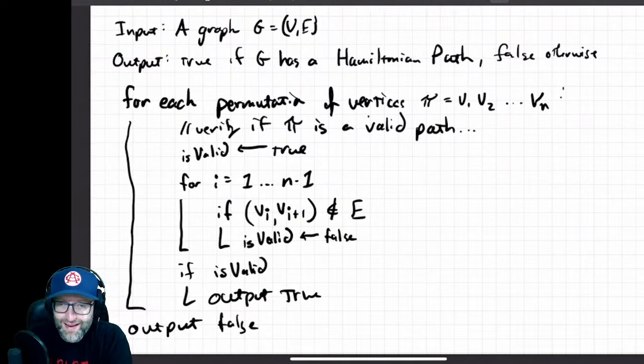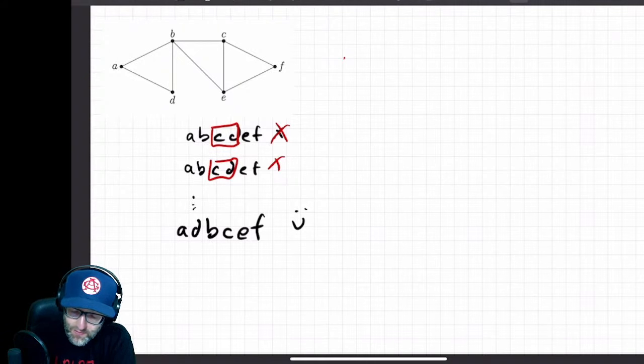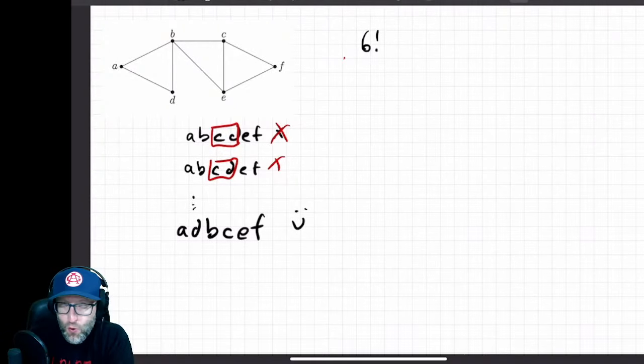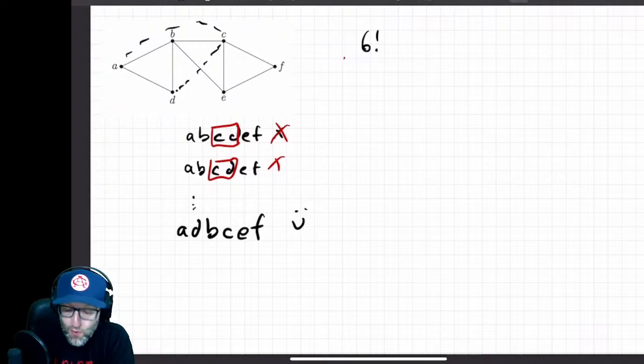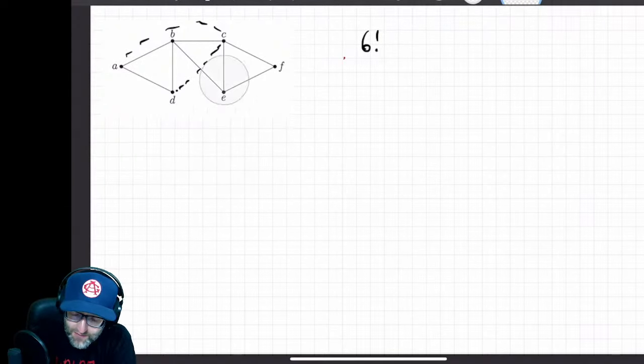Again, that was kind of a naive solution. Why would you go through every single permutation? In this case, there are going to be 6 factorial permutations, wherein the vast majority of them are not going to be valid. Anything that contains CD, anything that contains AC or CA, anything that contains DE or ED, all of those are going to be invalid, and we don't even have to check them.